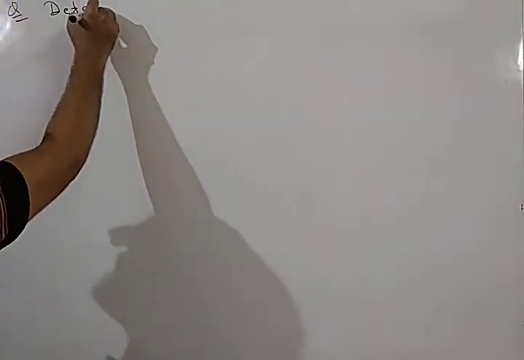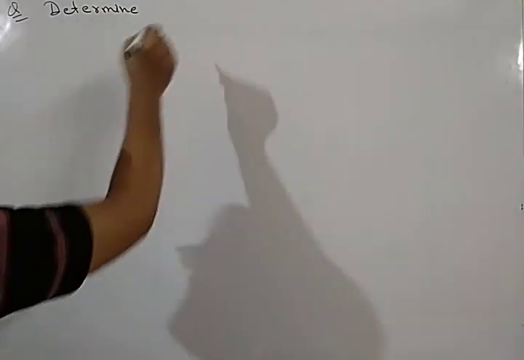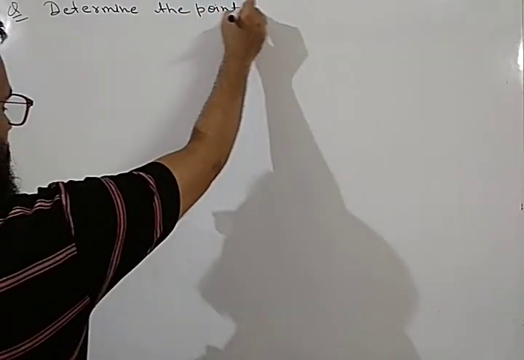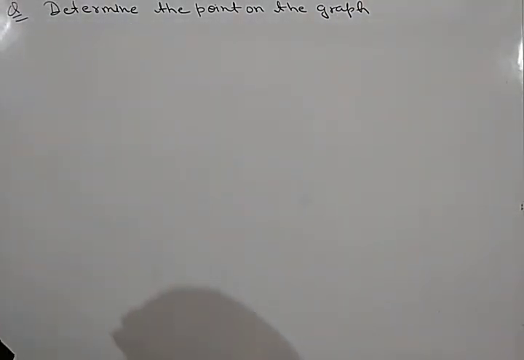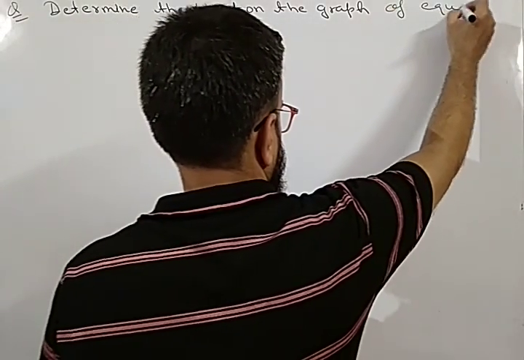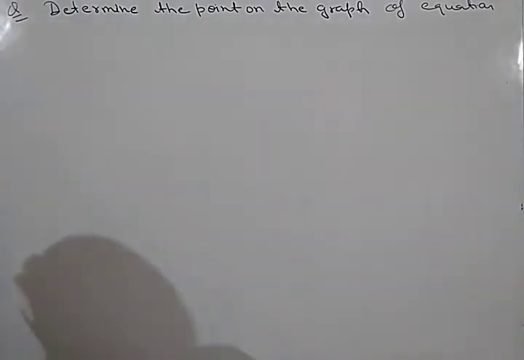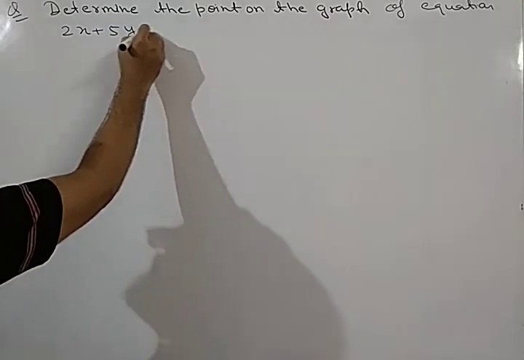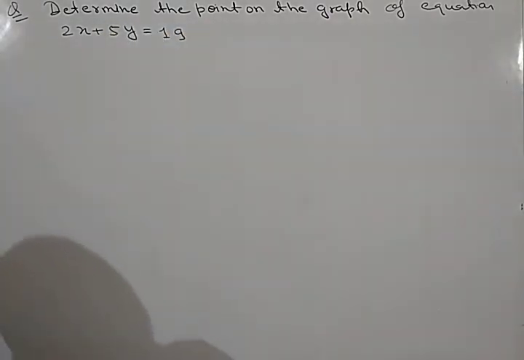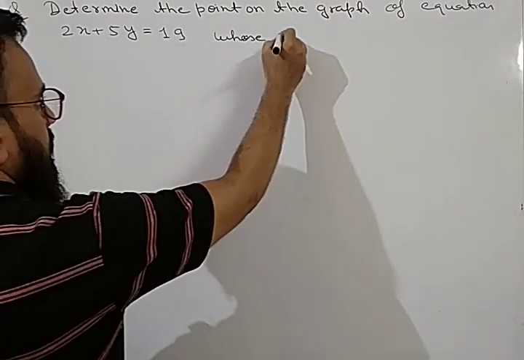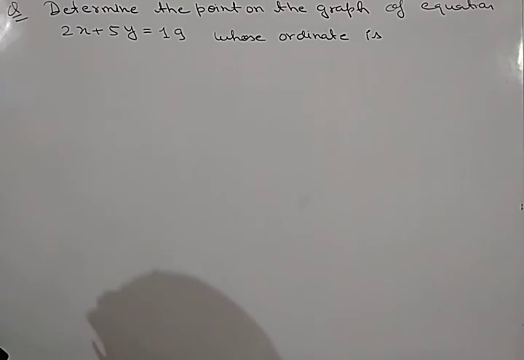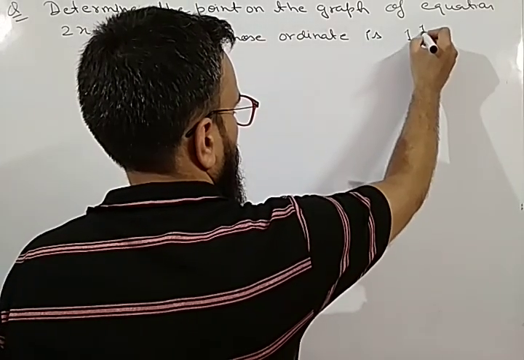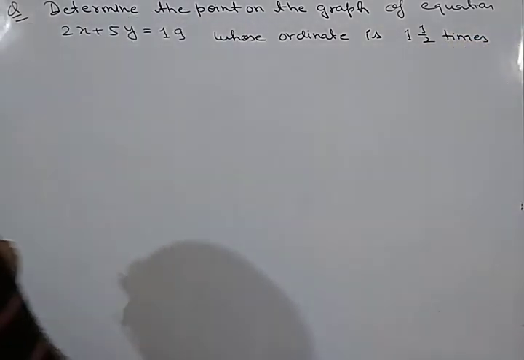Now coming to the next question. Determine the point on the graph of the equation 2x plus 5y is equal to 19, whose ordinate is 1.5 times its abscissa.